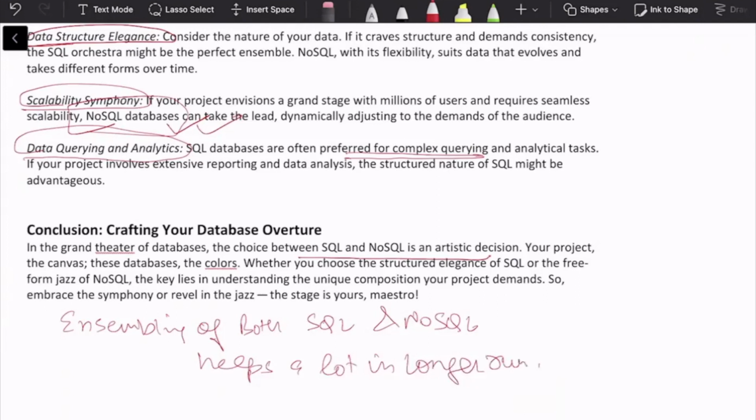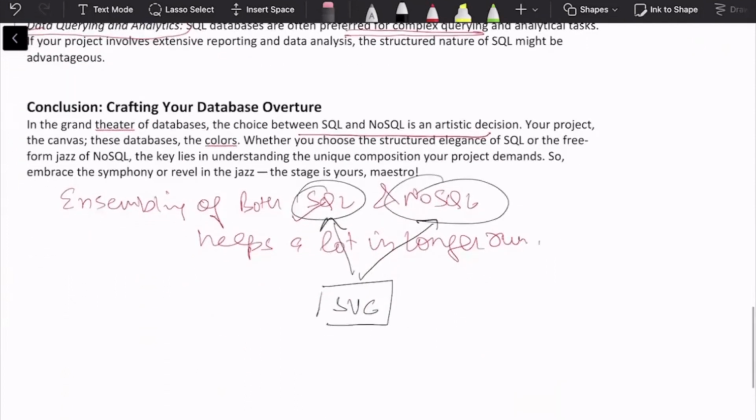Anything that is relational can be kept in a SQL manner, whereas anything that is not relational can be kept in a NoSQL manner, and the data can be queried from both sides. There can be one service that can query data from both and give you the response. So these were the differences between SQL and NoSQL databases.